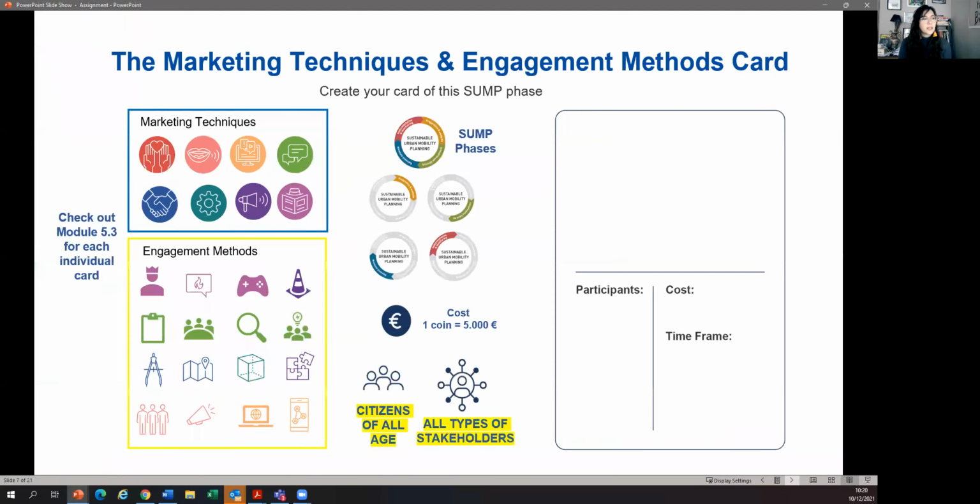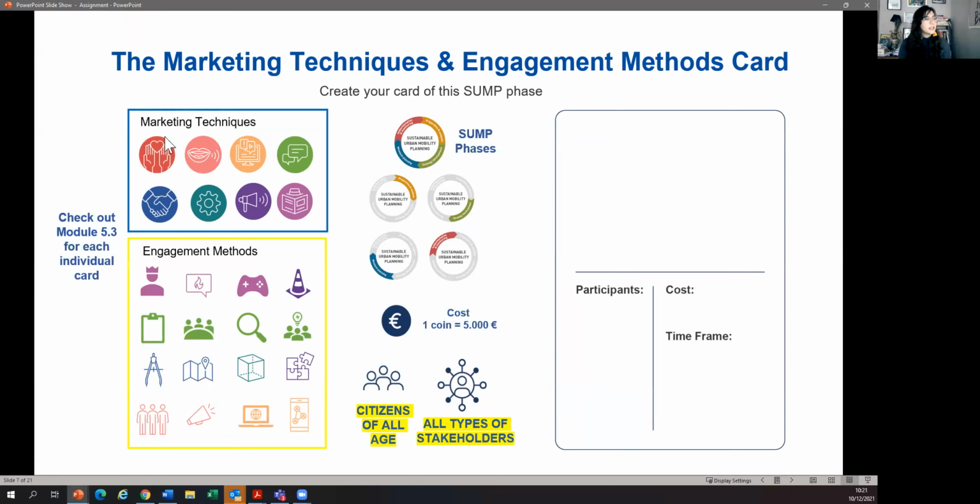So this is the card that you will find at each of the phases of the SUMP in the exercise. Does it sound familiar? Well, it should, because I have just shown it to you in the summary cards. So you will basically have to summarize all of your techniques and methods into the card.